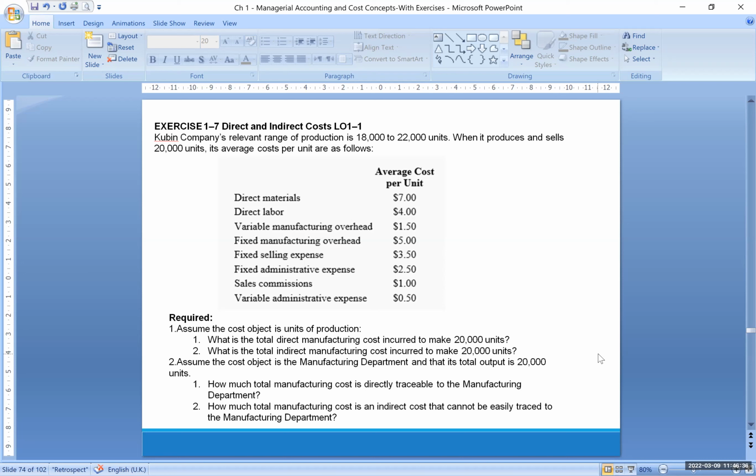But what is the fixed period cost? From number 1 or 2, we calculated the fixed parts for the selling and administrative. Selling and administrative, we calculated in number 2 for 20,000 units. Why? Because we are paying depending on the 20,000 units again.